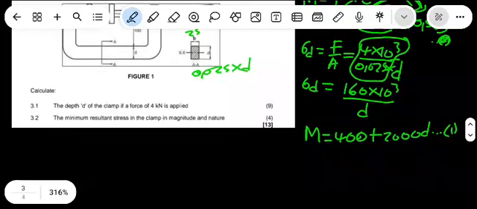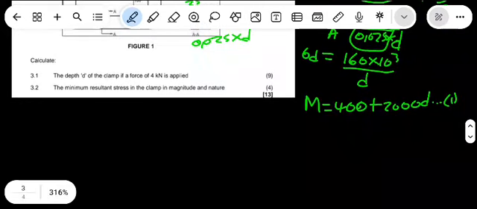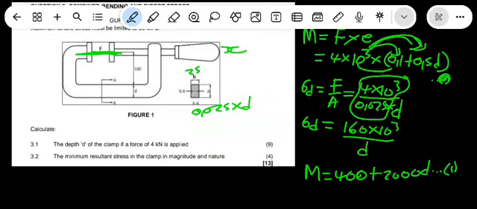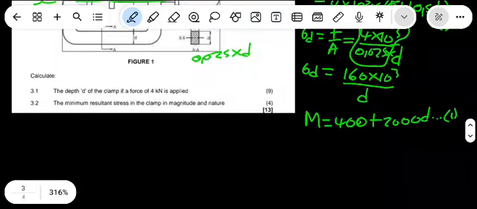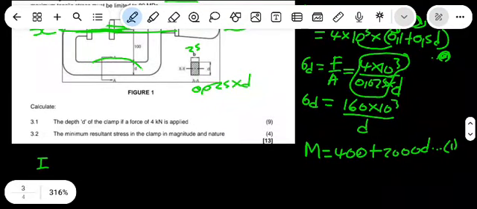Even if you don't show the equation, as long as you understand what you're doing. The force is acting in this direction on the x-axis, so this will bend about the x-axis.